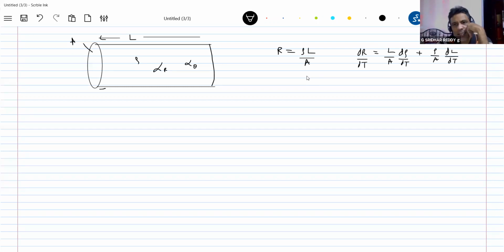Capital T indicates temperature. Then rho L outside, dA by dT, so this will become minus 1 by A square dA by dT.